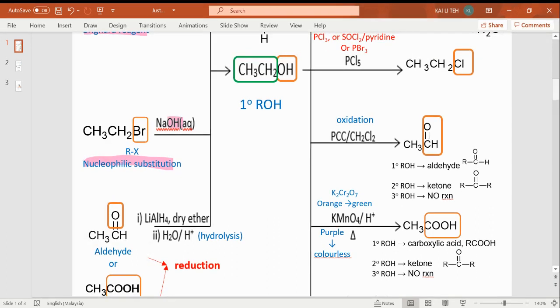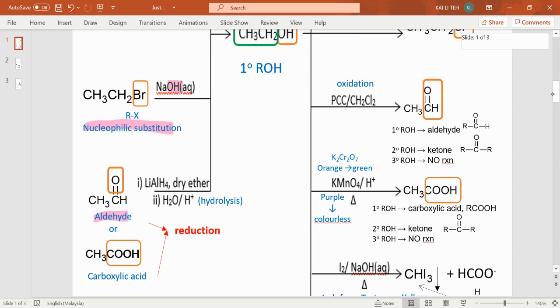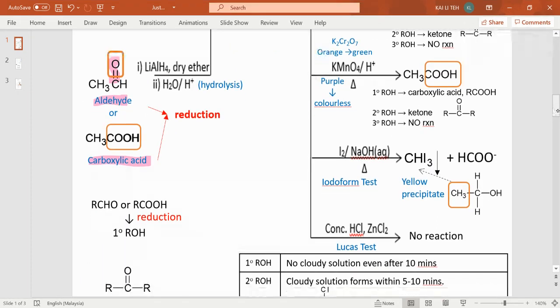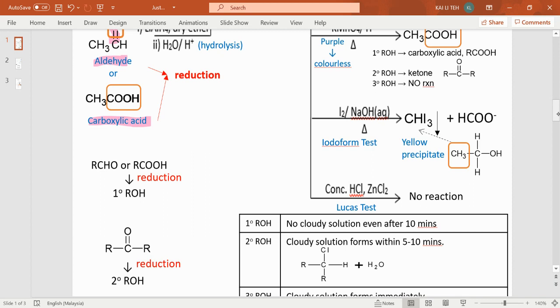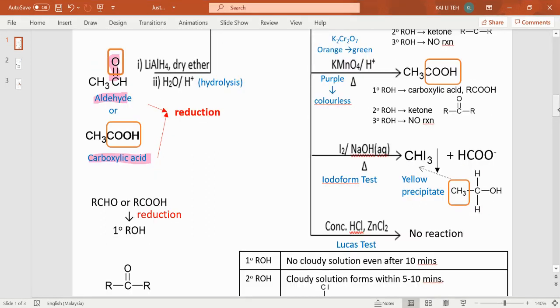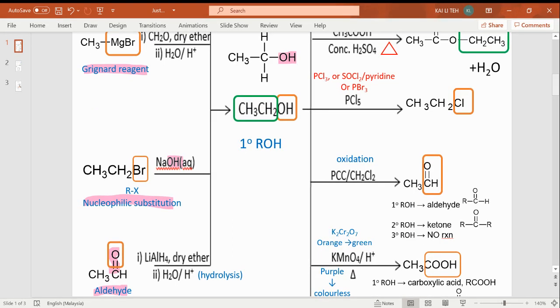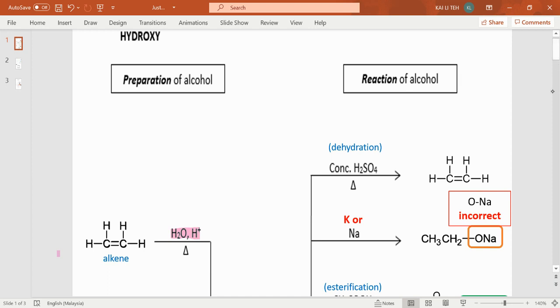Okay, another one is we can use carbonyl, aldehyde, or we can use carboxylic acid. Okay, now we will move on to another one, that is the reaction part.